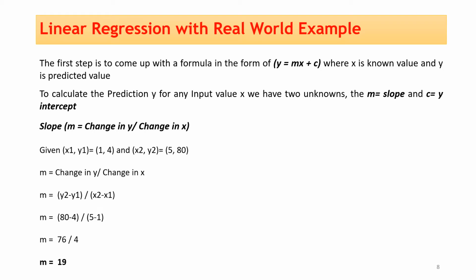Now slope, that is m, equals change in y upon change in x, that is y2 minus y1 upon x2 minus x1. So y2 equals 80, means 80 minus 4 upon 5 minus 1. 80 minus 4 is equal to 76 upon 5 minus 1 which is equal to 4, means 76 by 4 which is equal to 19. So the slope is equal to 19.